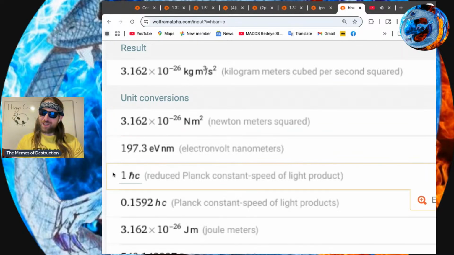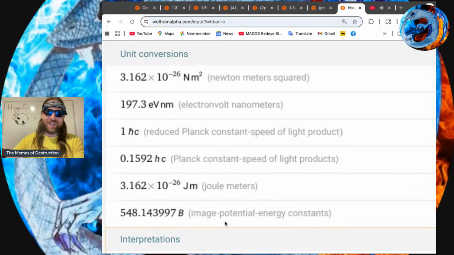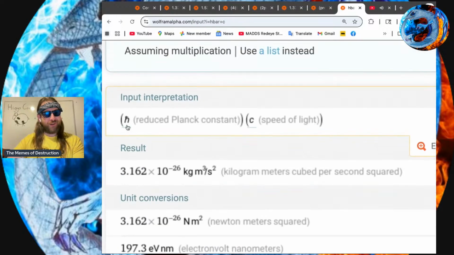It happens to be precisely 548.143997, in potential energy constants. I'm not going to act like I know what that is. I did the calculation before. It's some energy, a version of quantizing energy. But long story short, 4 divided by the fine structure constant gives you this ratio for hbar times the speed of light.